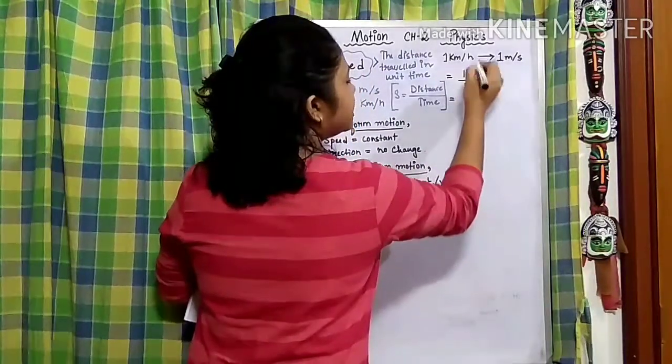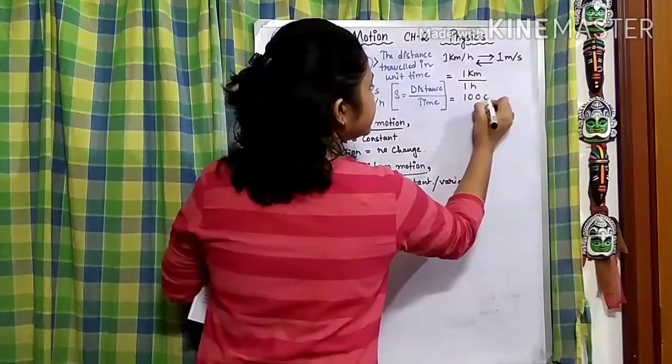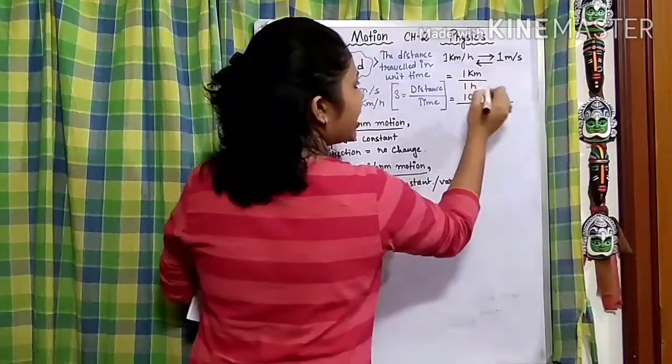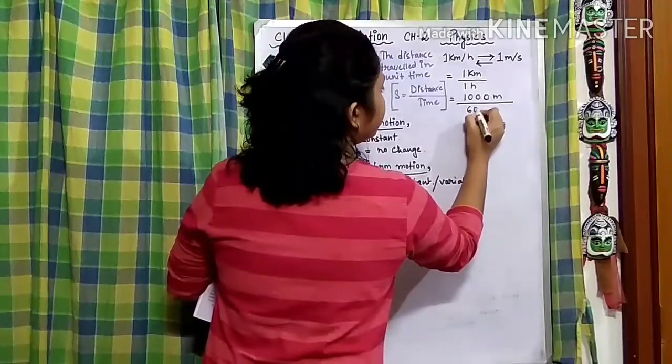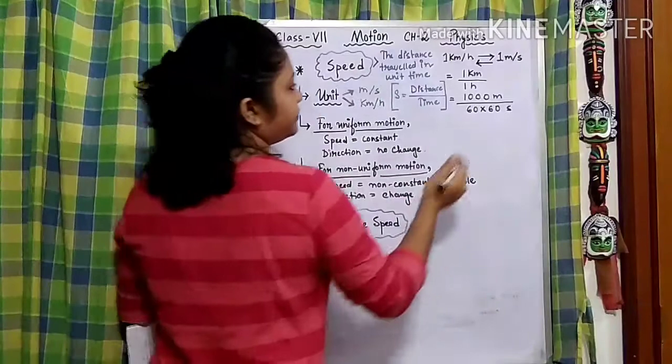Now let's convert this kilometer into meter. So 1 kilometer we know is 1000 meter, divided by 1 hour, which equals 60 into 60 second.